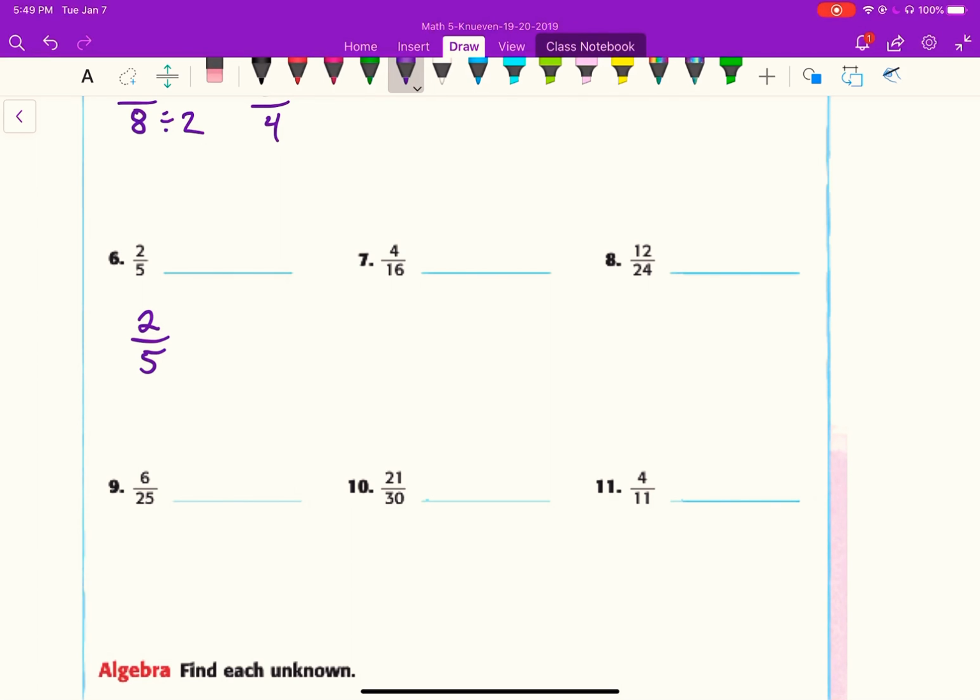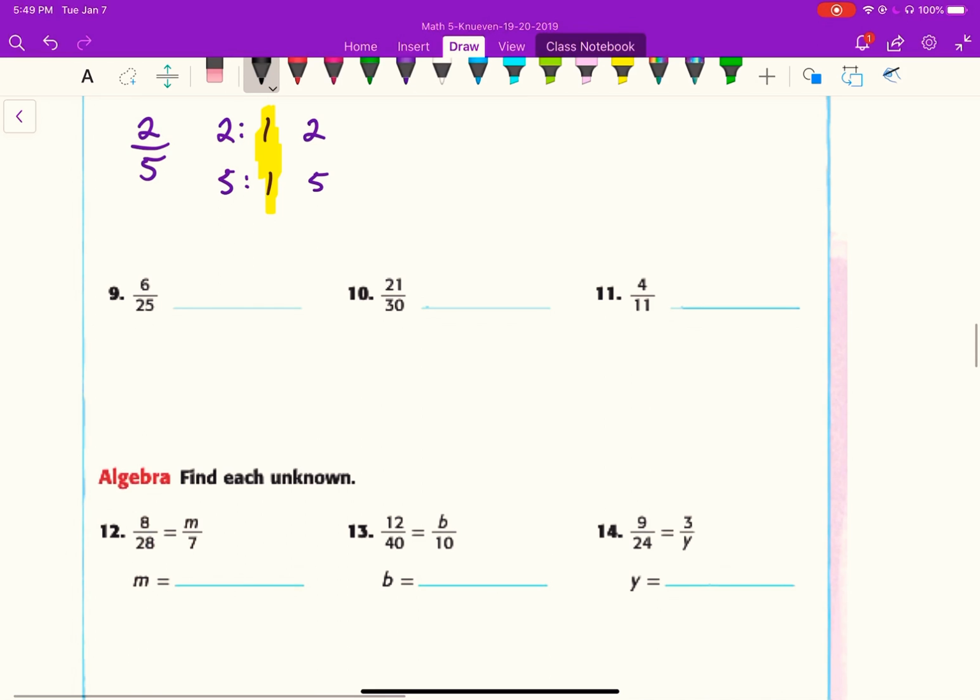If I look at our common factors, well, 2 can only be made up of 1 and 2. 5 can only be made up of 1 and 5. So the only common factor that 2 and 5 have is 1. So this is already simplified.